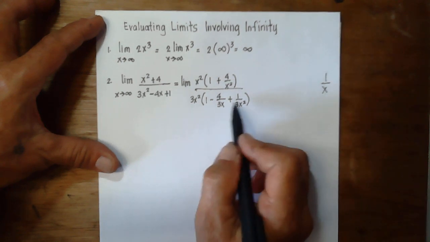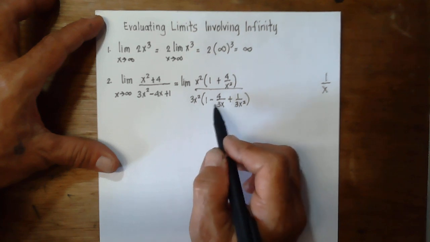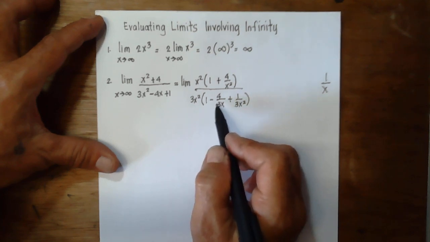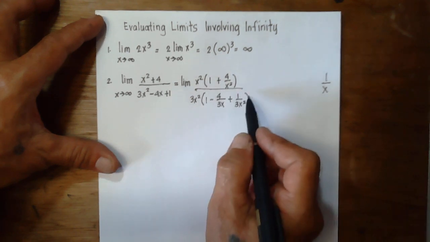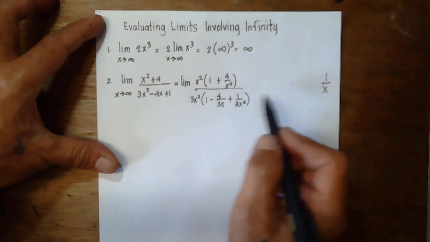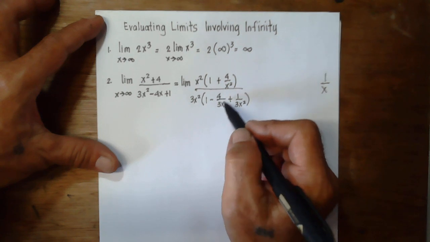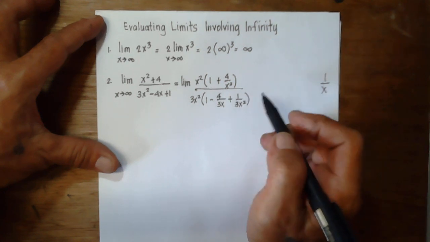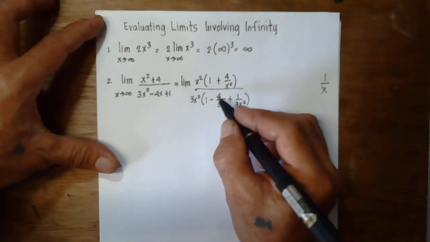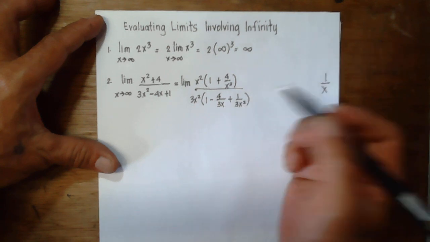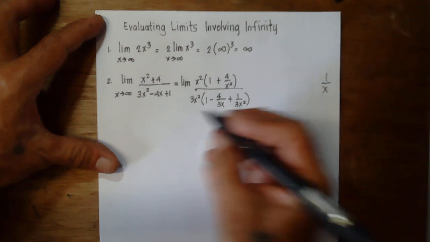As you can see, this term enclosed in parentheses is the result when you divide the denominator by 3x squared. So this can be rewritten as the product of 3x squared times the quantity 1 minus 4 over 3x plus 1 over 3x squared. 4 over 3x is because when you divide it by 3x squared, you get 4 over 3x, canceling the term x. Okay?